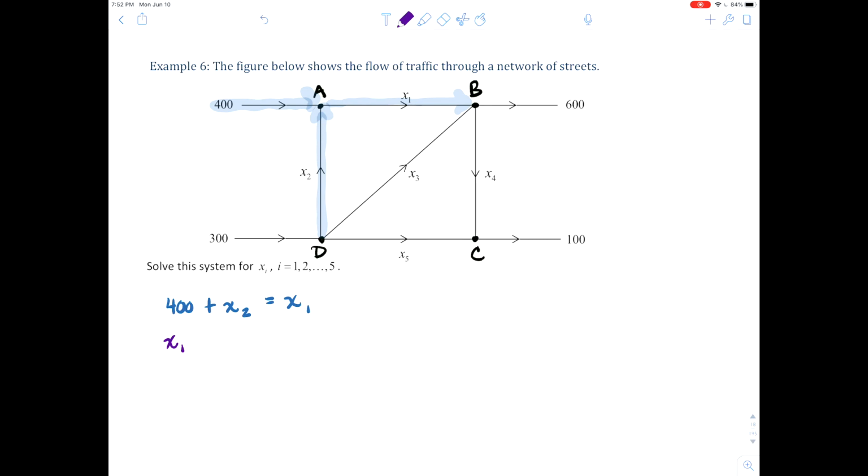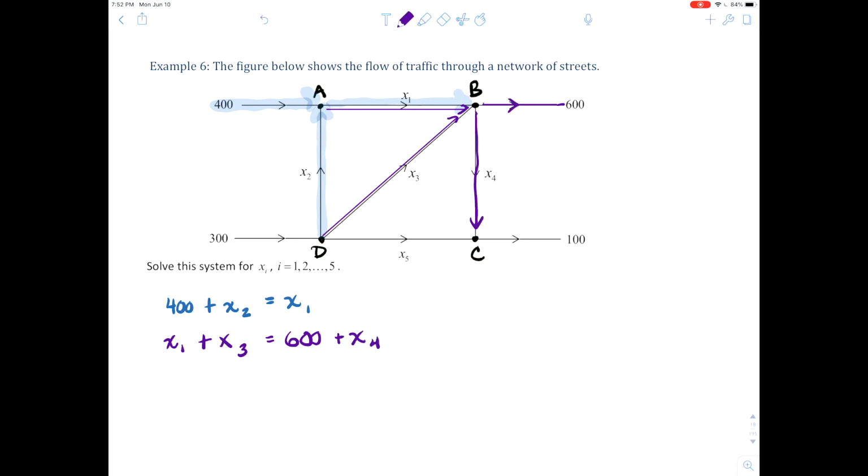We also have X3 flowing in. And so here, X1's flowing in. X3 is flowing in. And what's flowing out? Beautiful. 600's flowing out. And X4, right, is also flowing out.